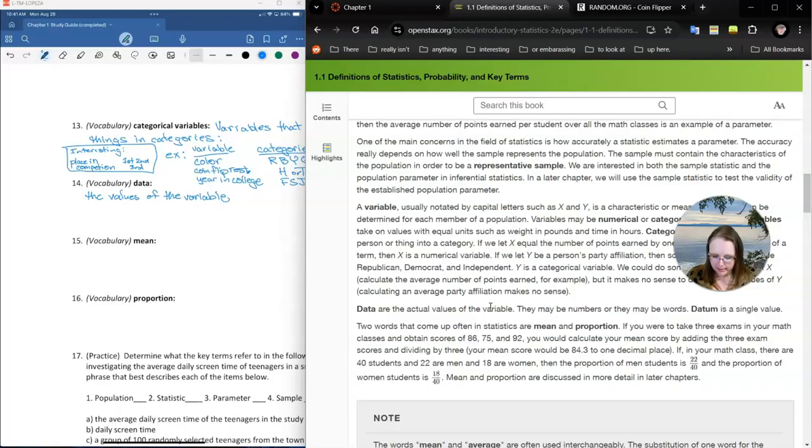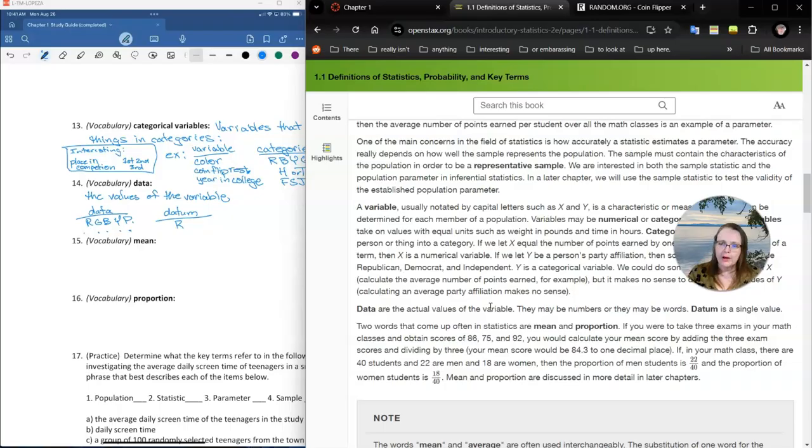So data is red, green, blue, yellow, purple, all of the things that I got when I pulled balls out of the ball pit, all of those together are the values of the variable. Datum was one red ball.